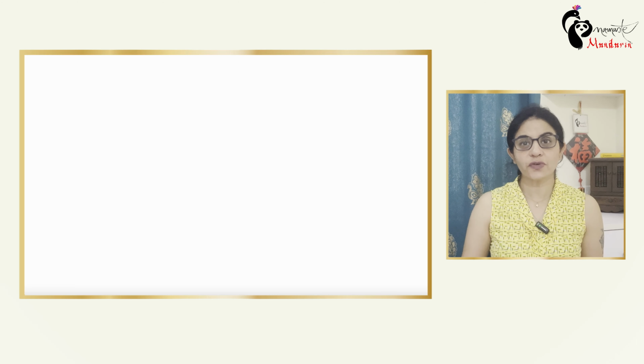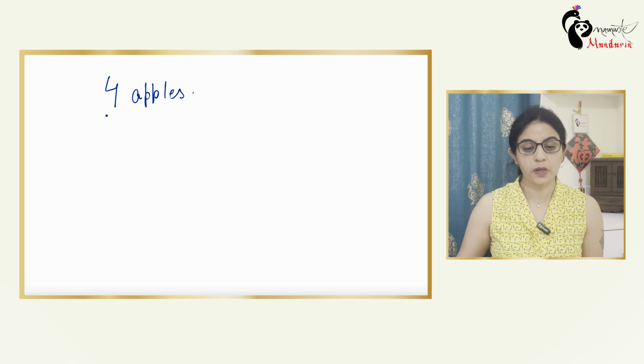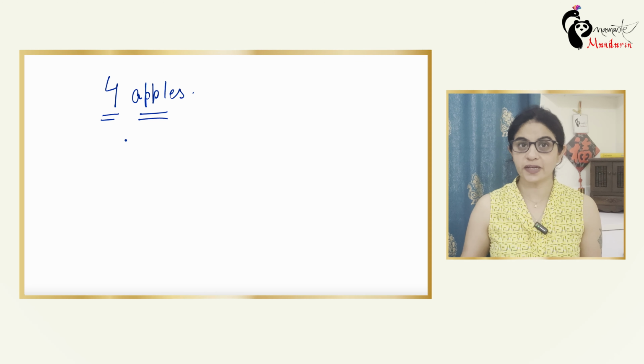So in English, whenever I'm counting something, I usually write a number and an object. Let's say if I have to say 4 apples. Okay, so there is a number and there is an object, right? There's nothing in between. But in Chinese language, whenever we are counting something, we have to put a measure word.